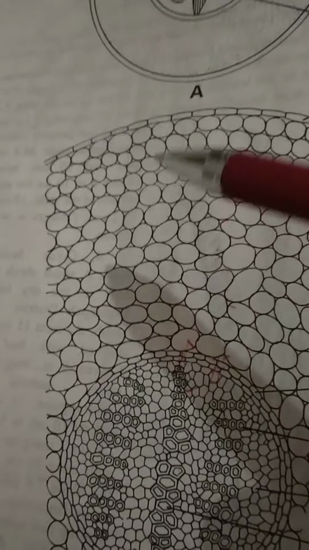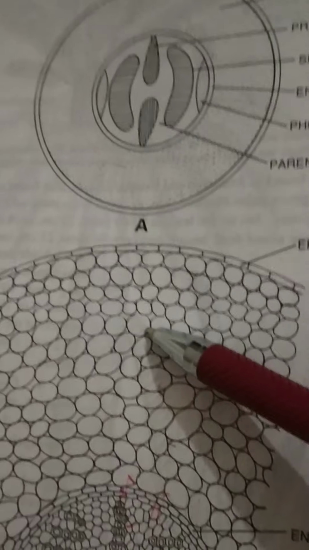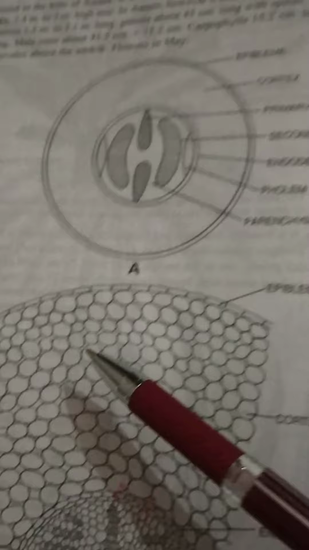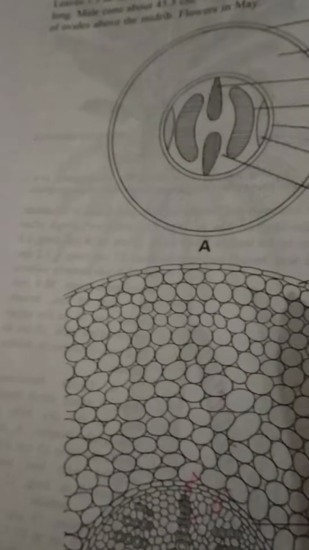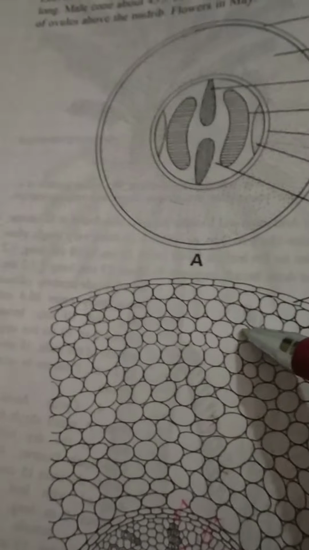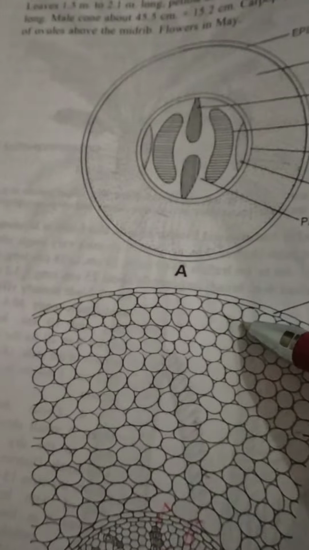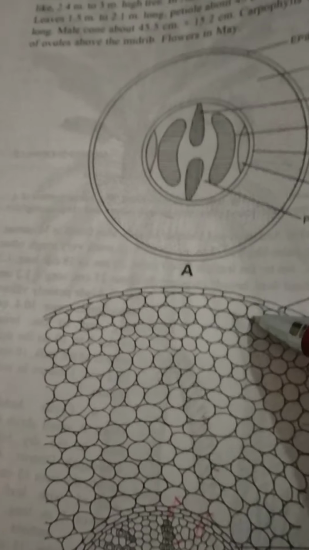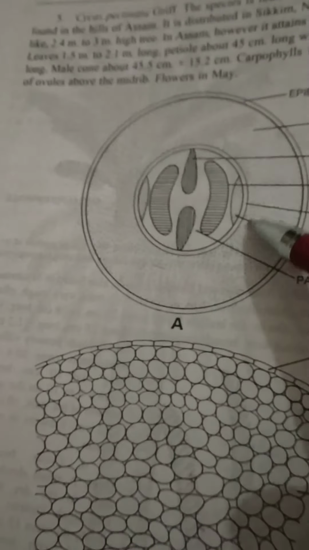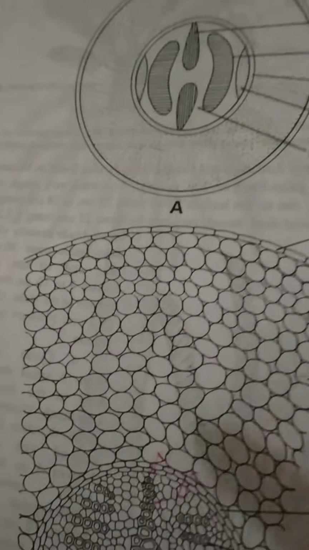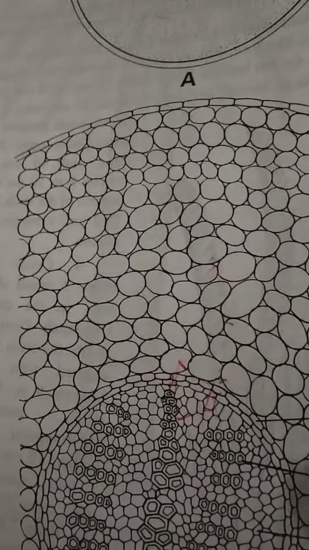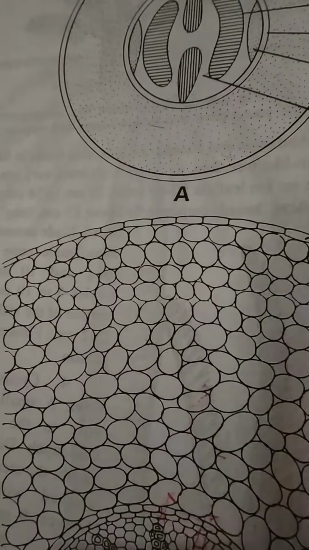So this is all about the Young root of Cycas. The Young root or normal root, both are one and the same. So whenever they ask you about the Young root or normal root, you will draw this ground plan and the cell section enlarged with all the parts labeled, and you will write the description.